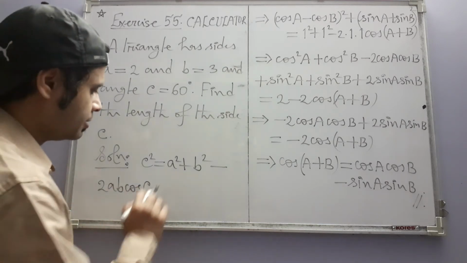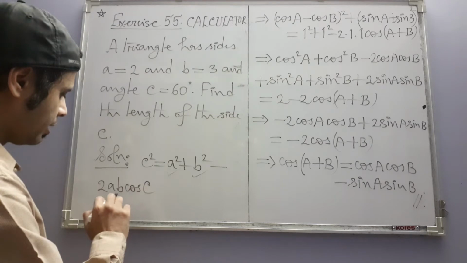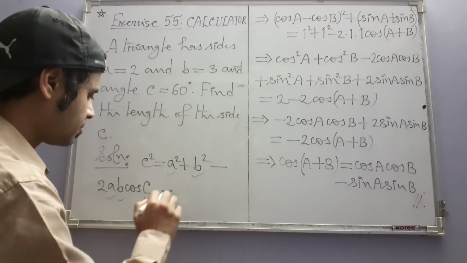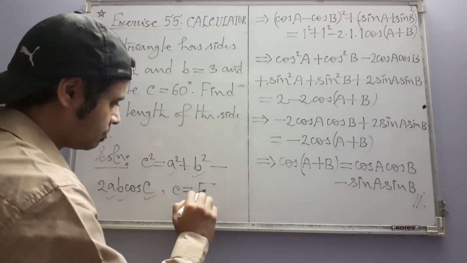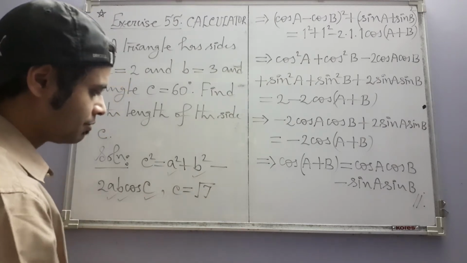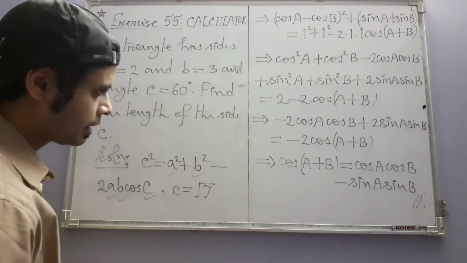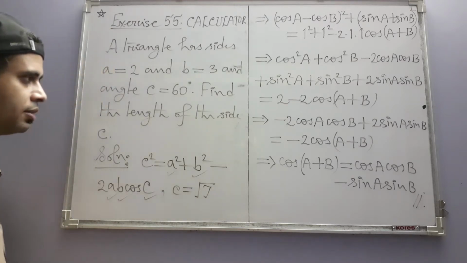And that's just it. You just substitute the values for a, b and C, and you will find that c comes out to be equal to square root of 7, whose approximate value you can find using the calculator. In fact, this is where you need to use your calculating device.